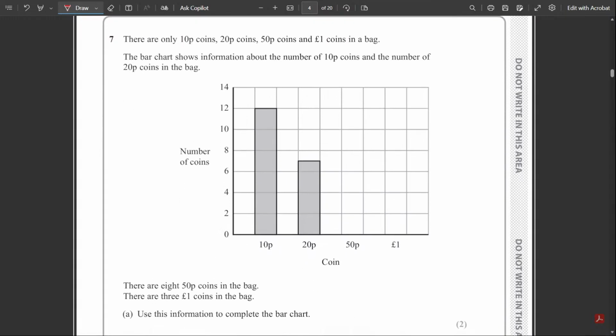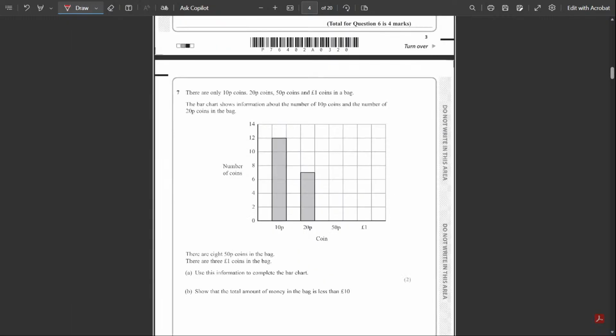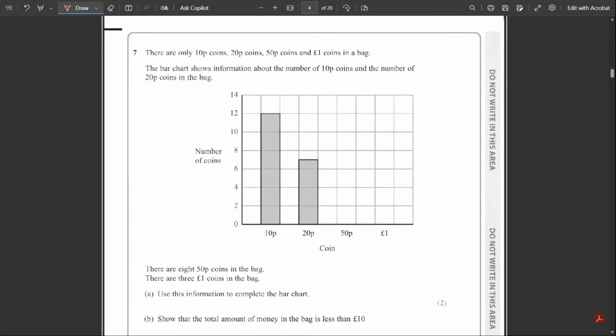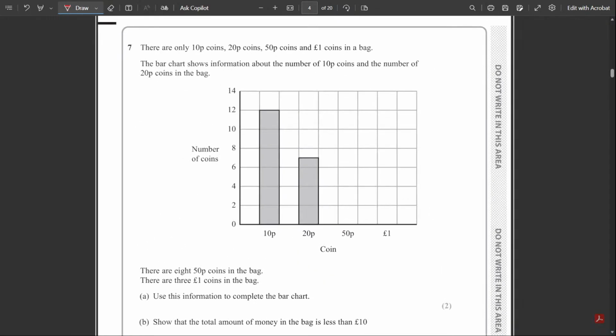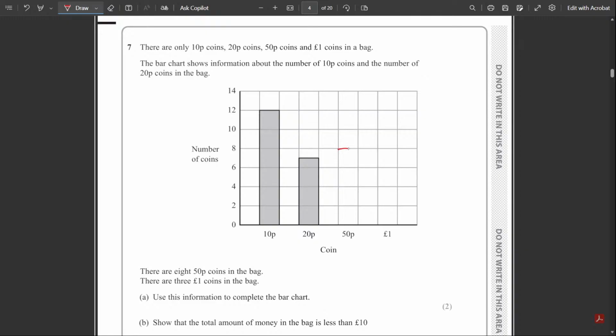There are 10p, 20p, 50p, and pound coins in a bag. The bar chart shows the information about the number of 10p coins and the number of 20p coins in the bag. There are 8 50p coins in the bag, so we're going to go to 50p, and the bar will go all the way up to 8.